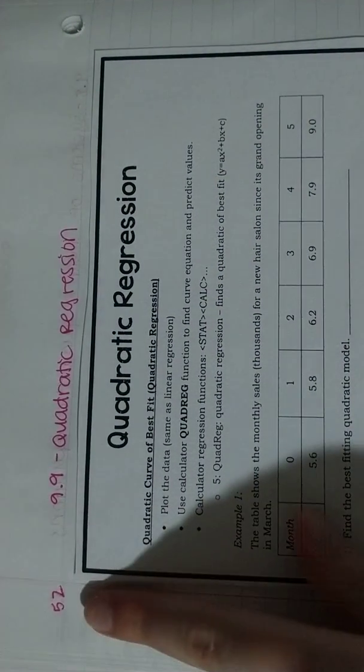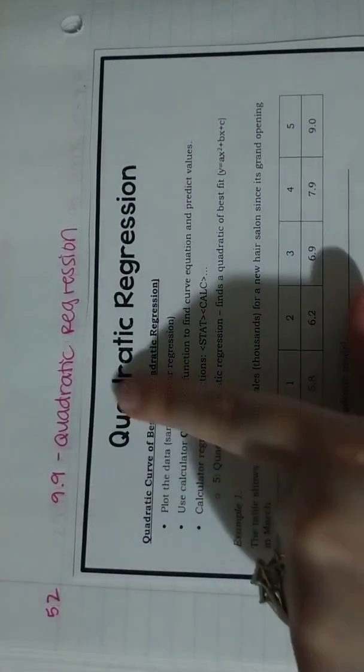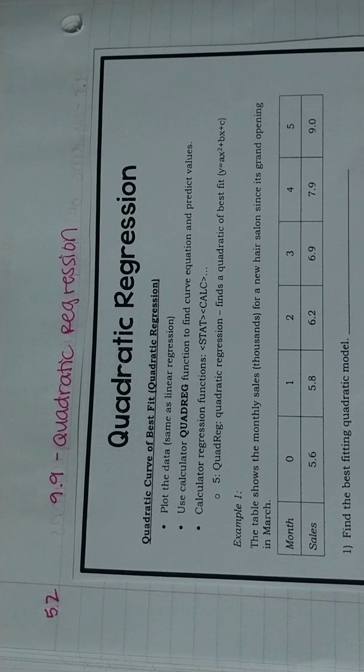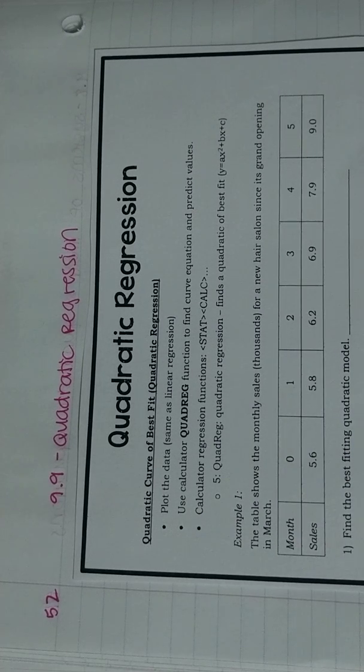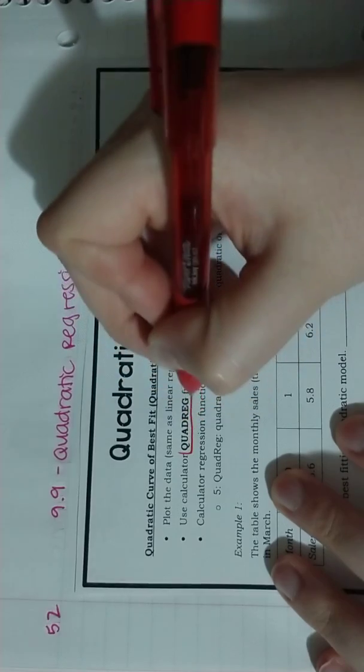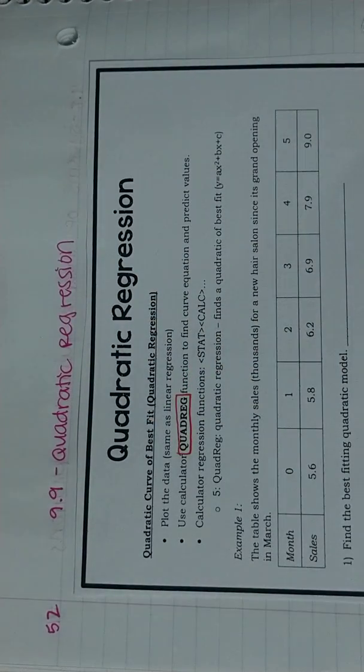So you can go ahead and start copying this down. Page 52, 9.9, quadratic regression. We've done linear regressions, we've done exponential regressions, and now we're going to do quadratics. The process is exactly the same as the other regressions, except that you're going to do a different regression. As you see, we're going to do QuadReg instead of LinReg and ExpReg like we've been doing.